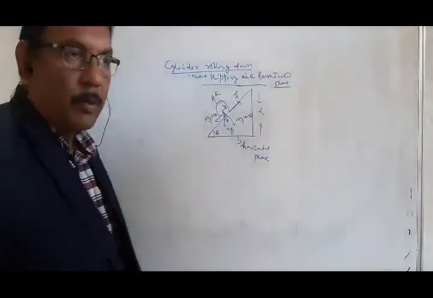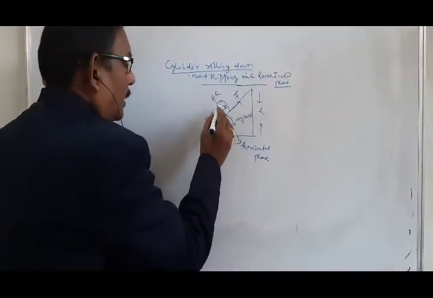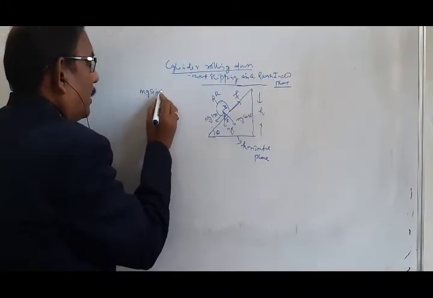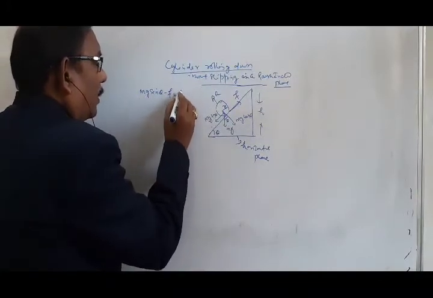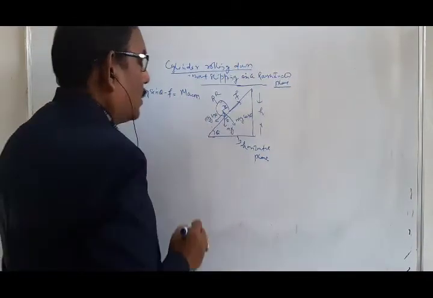According to Newton's second law of motion, the net force acting on the solid cylinder is mg sin θ − f = ma, where a is the acceleration of the center of mass.